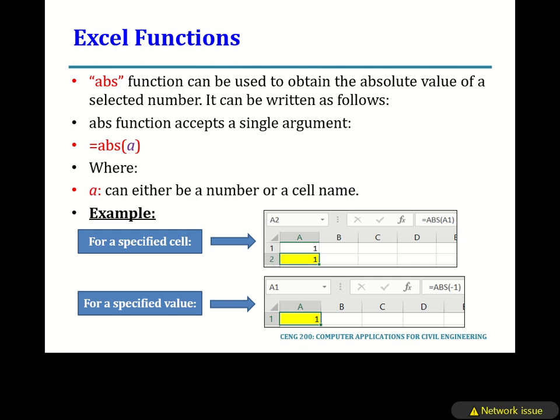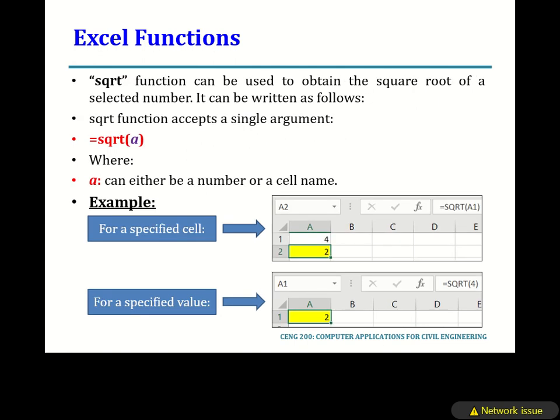Okay. And again, that one argument you can type it yourself. You can select the cell or you can type the cell number. All these things, you can see the example for each one of them. Square root, SQRT. SQRT will take the square root.